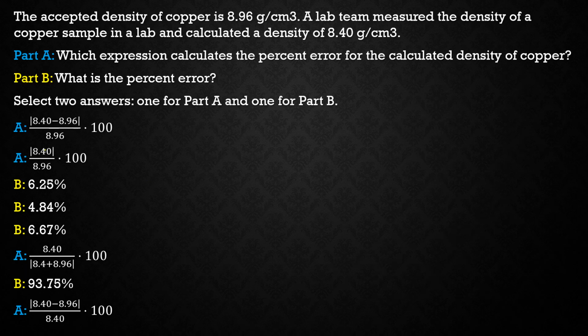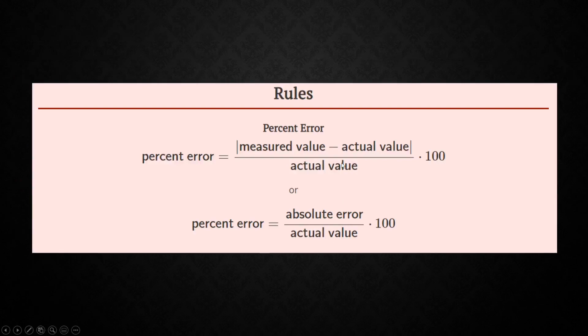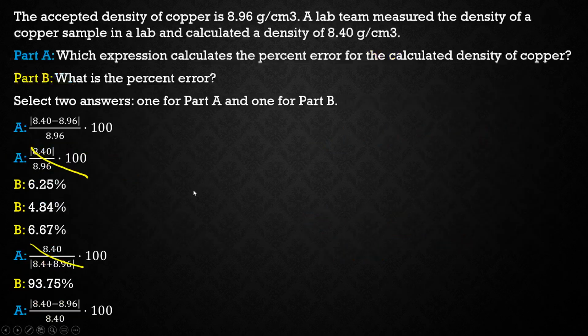Right off the bat, I can tell this one is wrong because it is not in the right format. This one is also wrong because it's not in the right format. If I go back, our format should be this. We should have subtraction from two numbers in the top, and we're multiplying by 100. Both of those answers had the wrong setup. So now I'm left with only 2 for A. And it's up to me to determine, well, what is the measured weight and what is the actual weight?